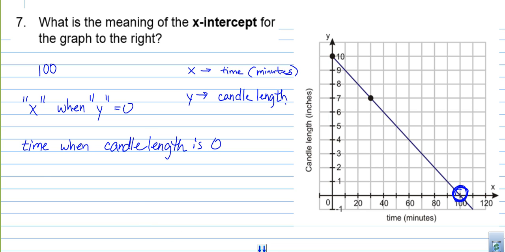And what that really means is it tells you how long it takes the candle to burn out. Okay? It takes 100 minutes for there to be no candle left. Or the candle to burn out.